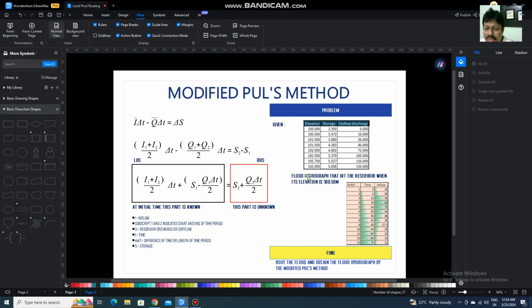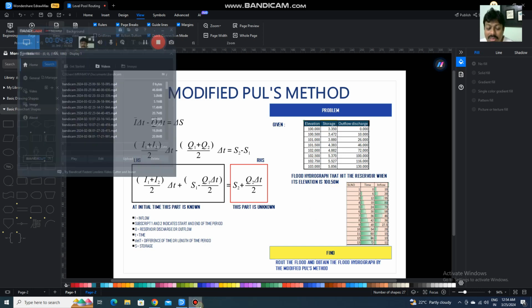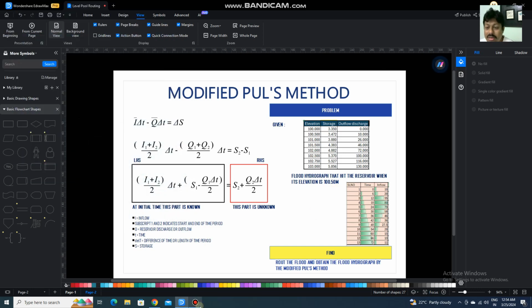So it states that a flood hydrograph hits the reservoir when its elevation is 100.5 meter. That means when the elevation is at 100.5 meter, a flood enters the reservoir due to the huge rainfall in the upstream.